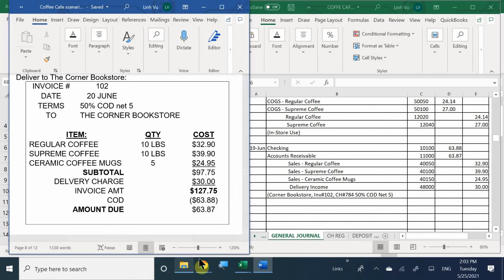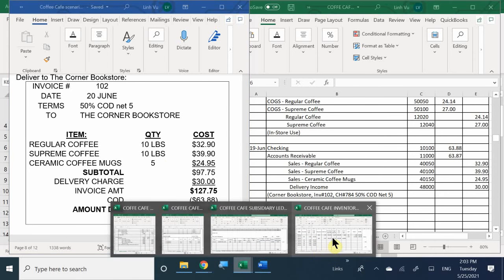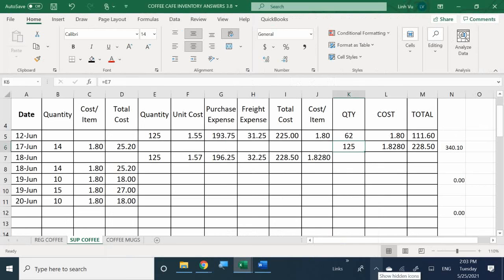The total's 340.10. That's the grand total for Supreme Coffee. That's how much we have left. Should be 340.10.